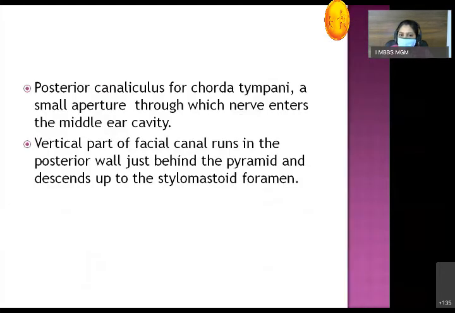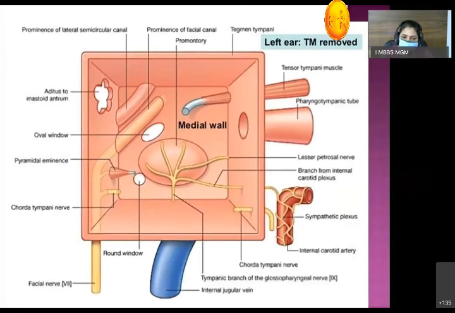Then the posterior canaliculus for the chorda tympani is a small aperture through which the nerve enters the middle ear cavity.